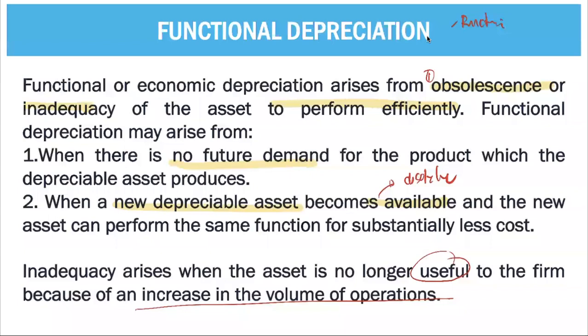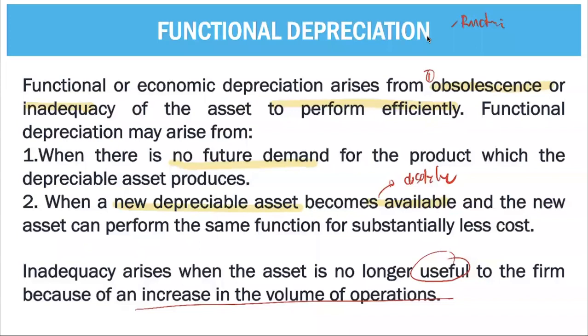Next, inadequacy, whenever the particular asset is no longer useful in the operations of the business because it cannot meet the increase in the volumes. And lastly, it does not perform efficiently or there's no more future demand for your asset. Two concepts, physical and functional.